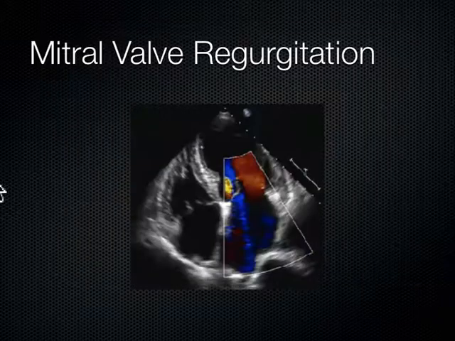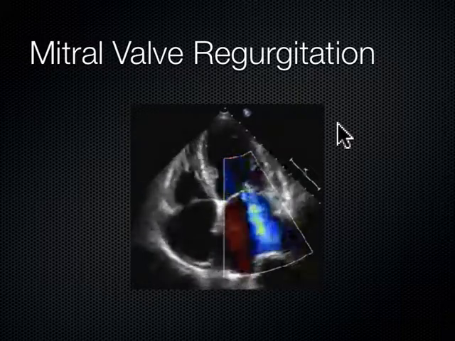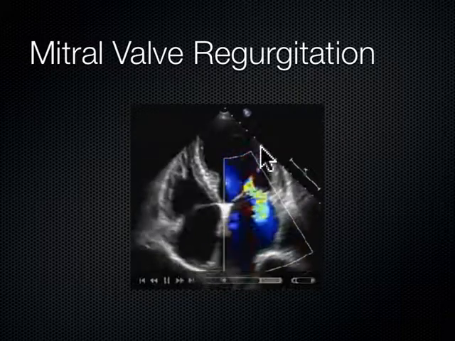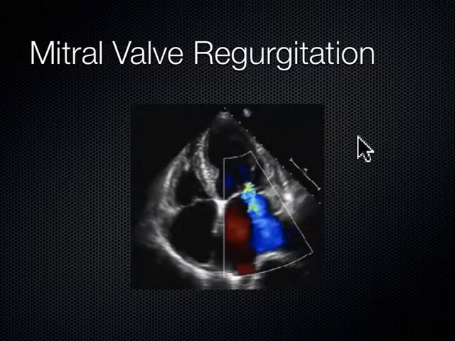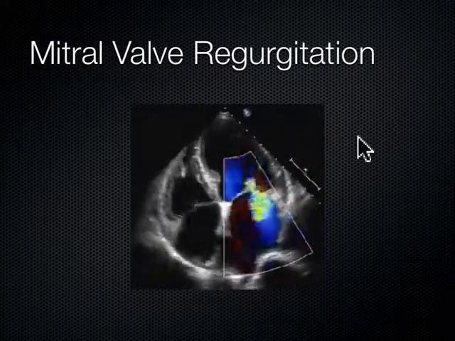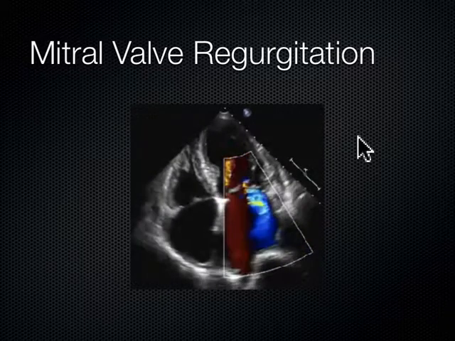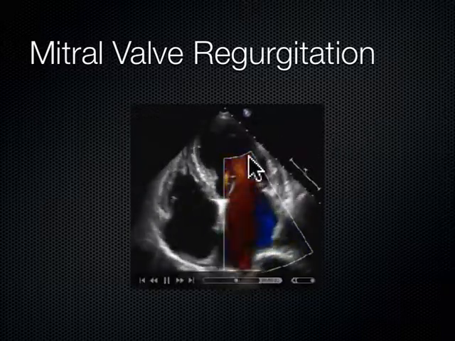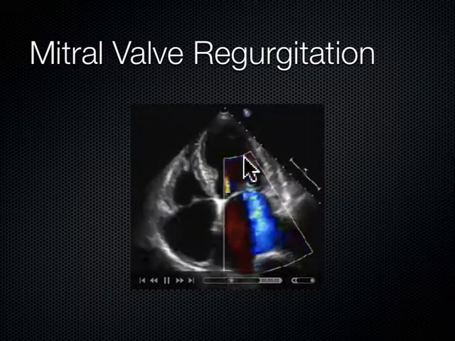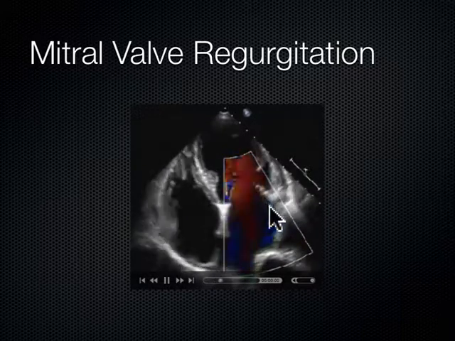Let's go ahead and throw some color across that mitral valve. Now, during systole, red is flow away from the probe, blue is... BART: blue away, red towards. I mixed that up. That's one way to remember it, BART, blue away, red towards. During systole, we don't expect to see blood squirting away from the probe back into the left atrium.